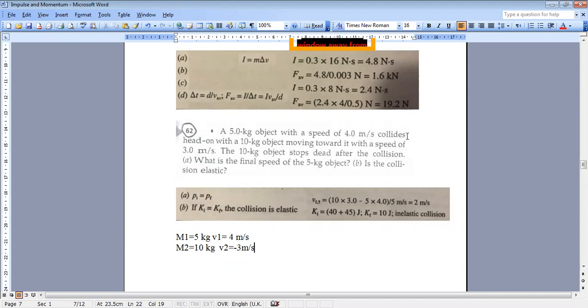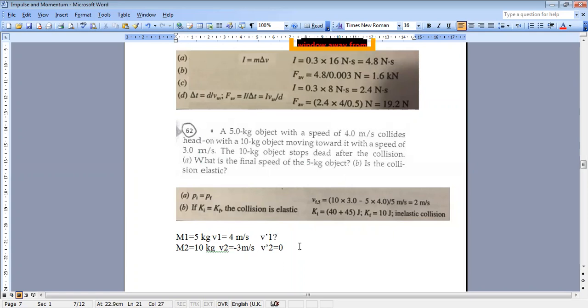Now we want to find the final velocities, knowing that the 10 kilogram object stops dead after the collision. So we know that V prime 2, when I put V prime I mean final velocity, equals 0. Since I know the final velocity of 2, the only unknown will be V prime 1.